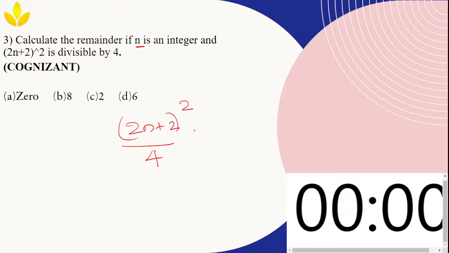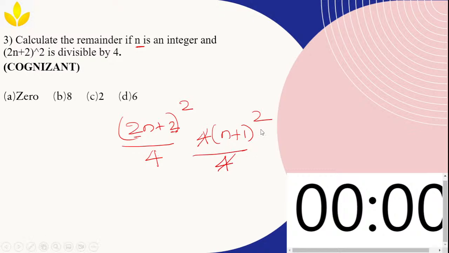So what you can do first is, I'll take this 2, and 2 is common here, so I'll take it out. What I'll get is 4 times (n+1) square, divided by 4, and the 4 will get cancelled, right?